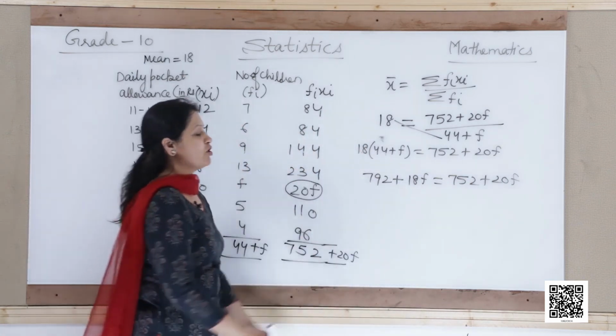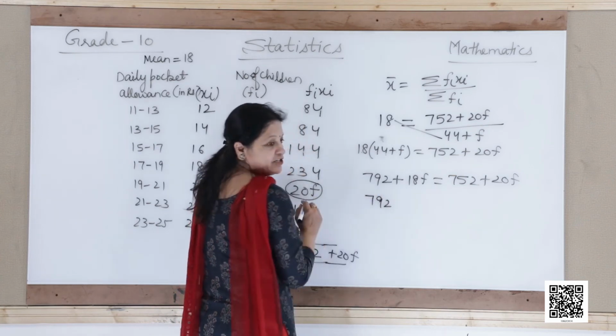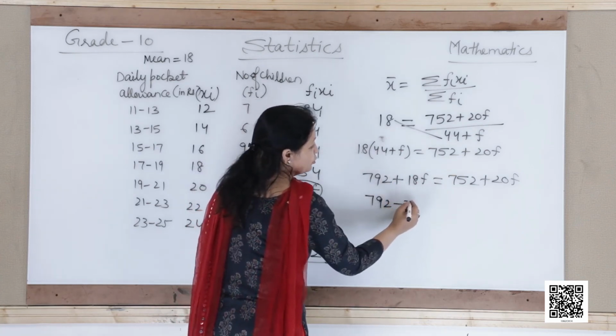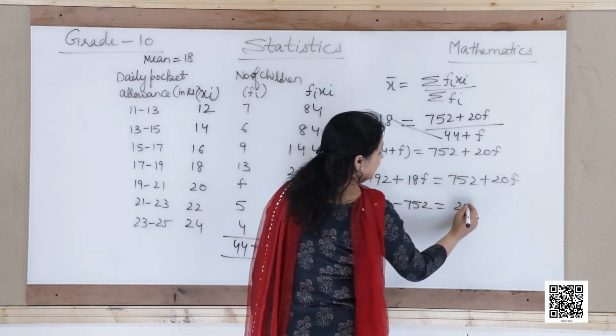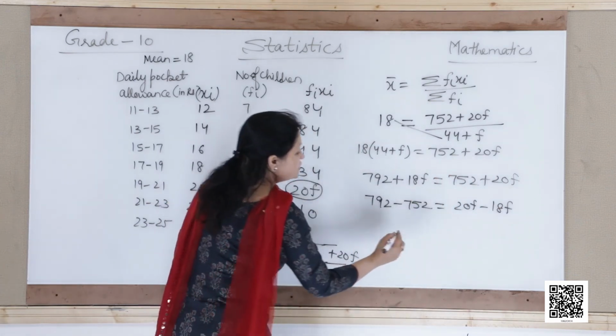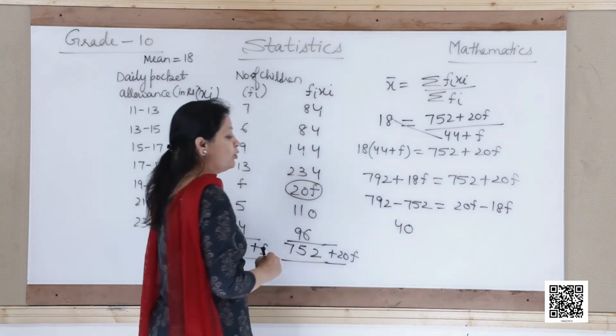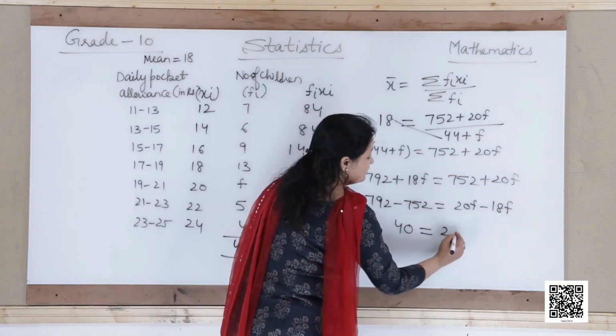Now I'll shift the constants to one side and the terms of F to another side. 792 is here, I'll shift 752 to this side, so it will be minus 752 is equal to 20F minus 18F. So 792 minus 752 I have got is 40, and 20F minus 18F is 2F.